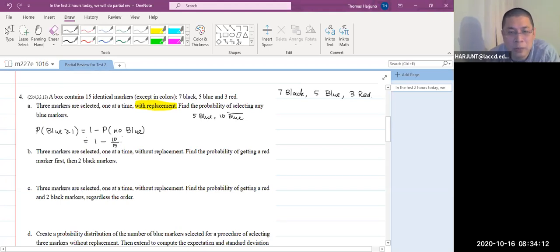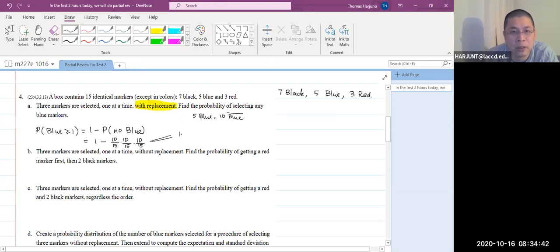It is with replacement, so once you get that not blue marker, you put it back, and then you select from the 15 again. The probability that the second one is not blue is 10 over 15 again, and the last one to be not blue is also 10 over 15. Again, that's because it is with replacement, so the probability of getting not blue the first, second, and third time are all the same because you put it back.